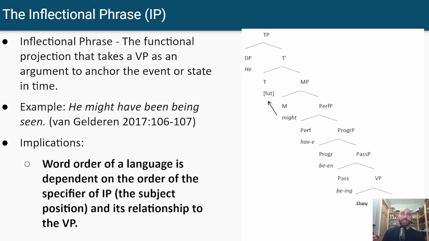So it is all dependent upon how these functional categories relate to the subject of the verb.